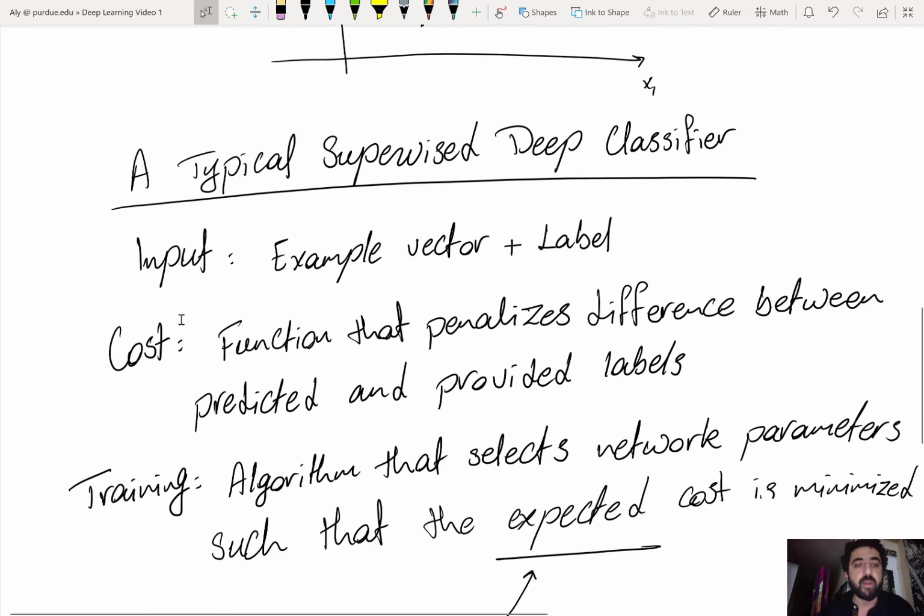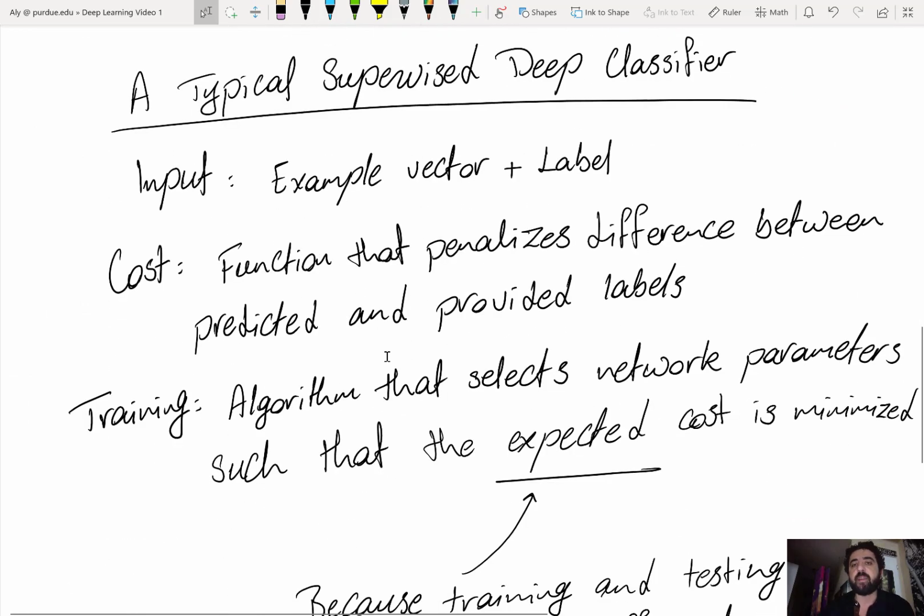Sounds good? Now to conclude this video, let's understand the structure of a typical deep learning algorithm. In the rest of the course, we will mostly take the example of a supervised deep classifier. Supervised means that the input consists of example vectors as well as labels. So this is called supervised learning. And classifier means that it's a classification problem.